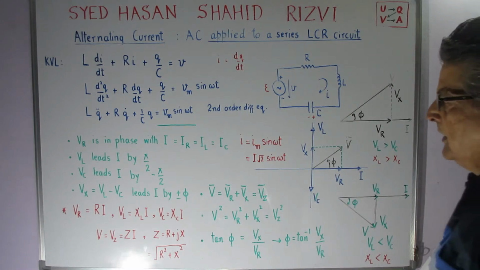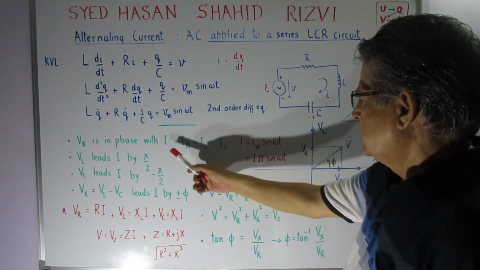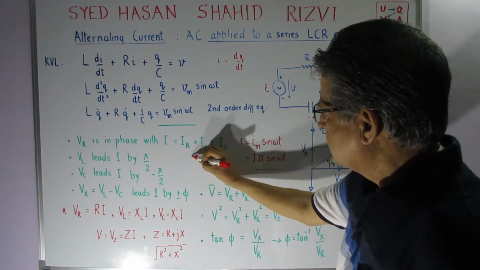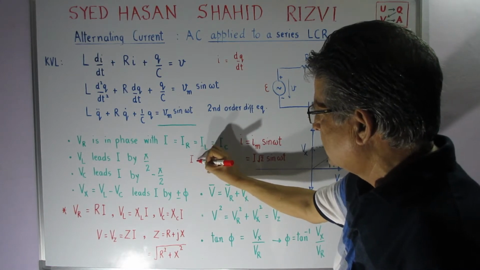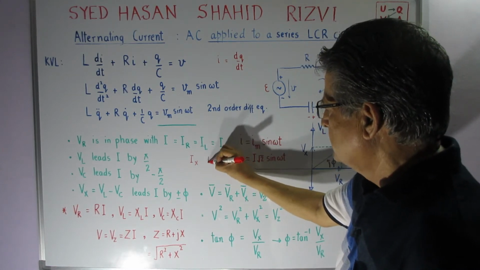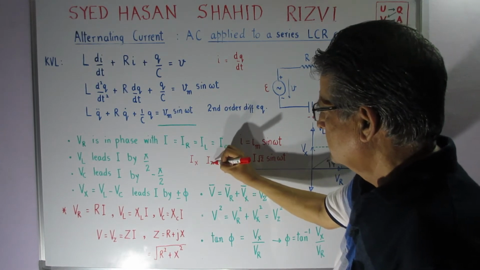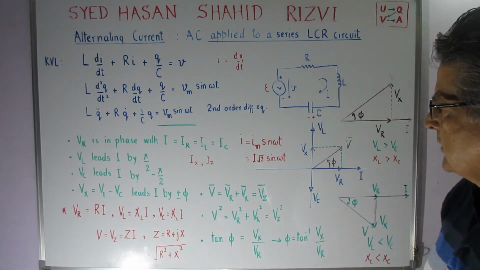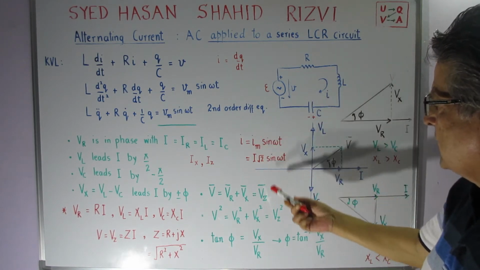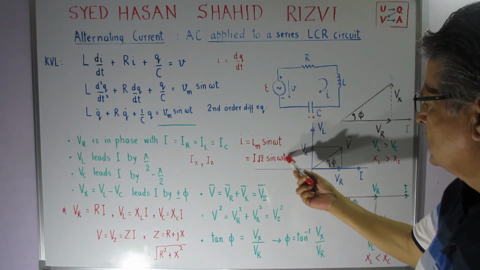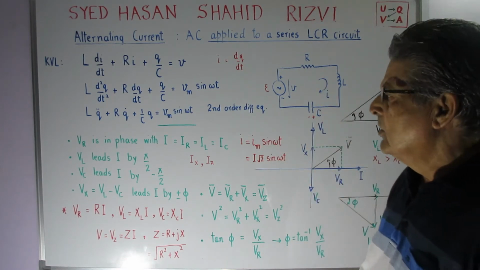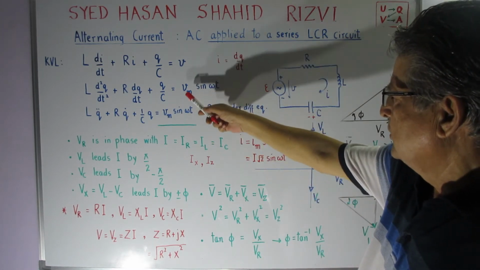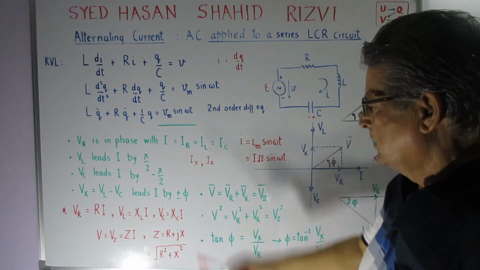So that is what I am writing, that I will be equal to IR will be equal to IL will be equal to IC. The current I will be equal to Im sin of omega t, where Im is equal to capital I root 2. This we have done before, so you understand what it is. And similarly, Vm is equal to V root 2.